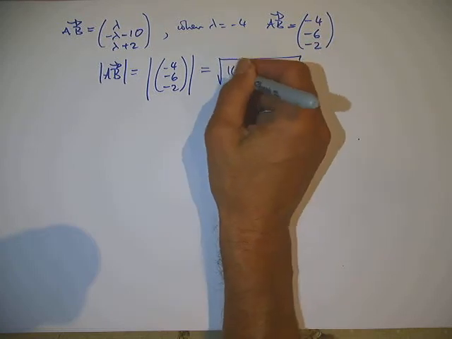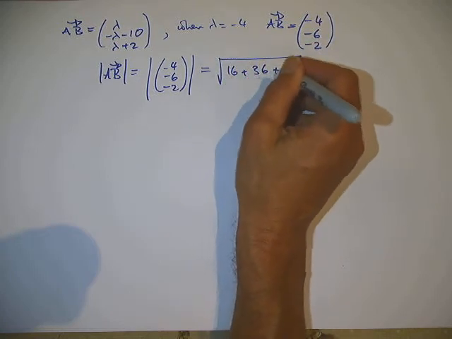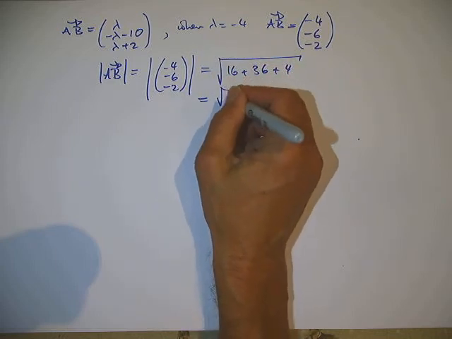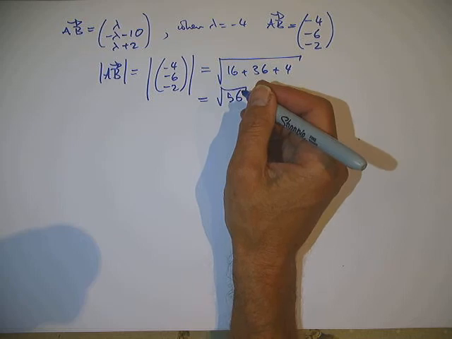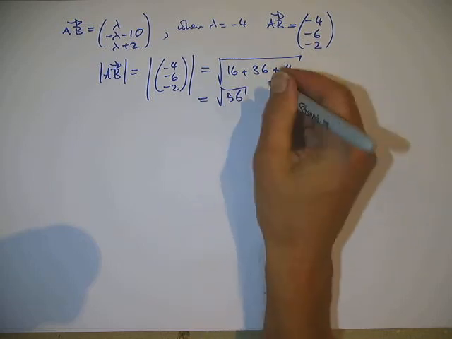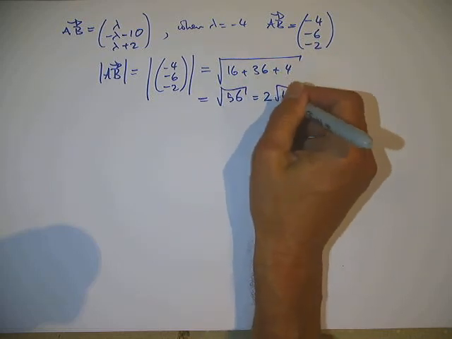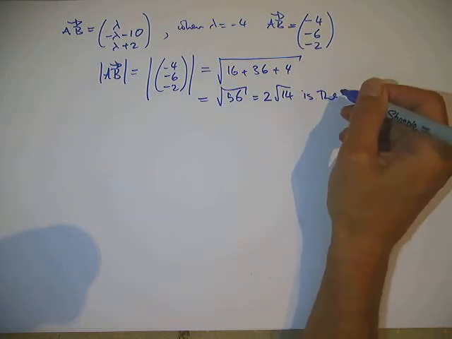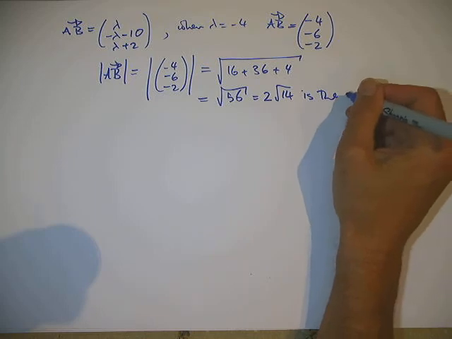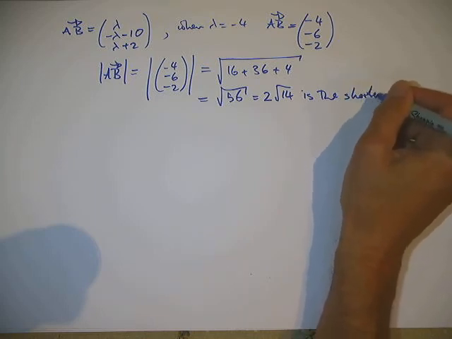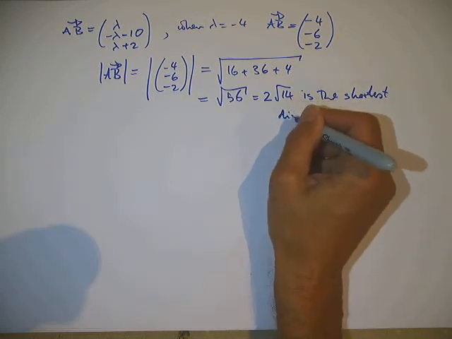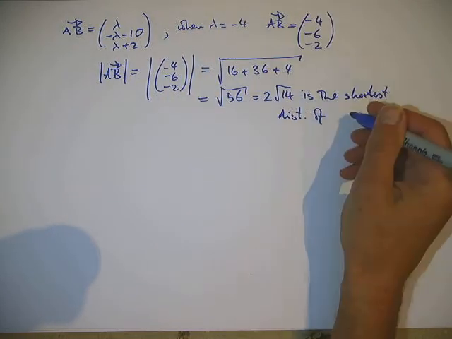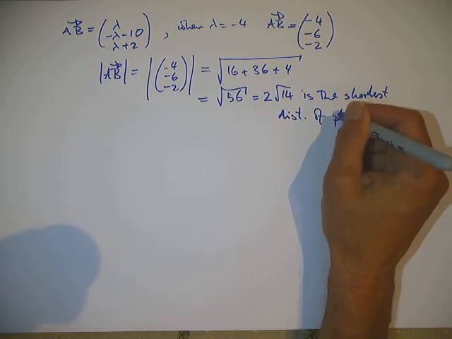The square root of 16 and 36 and 4 is the square root of 56, which is 4 times 14, so 2 root 14 is the shortest distance of point A from that line.